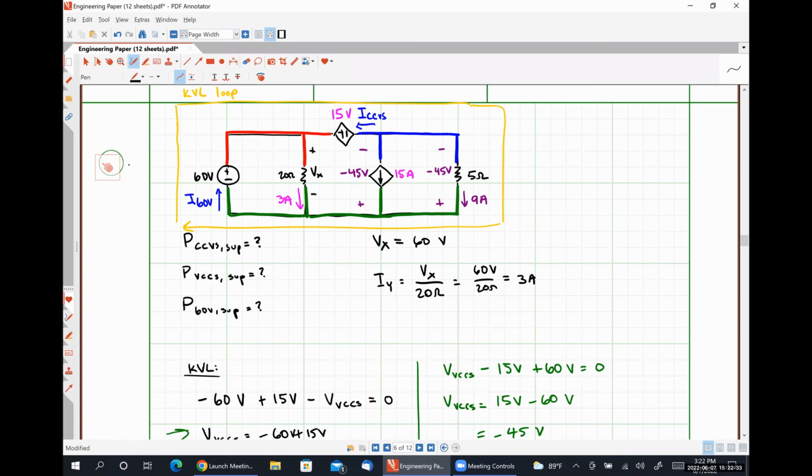Okay, so let's look at things real quick. So this was how IY was originally defined. I believe that's correct. If it's mistaken, somebody please tell me. And we determined IY right here.